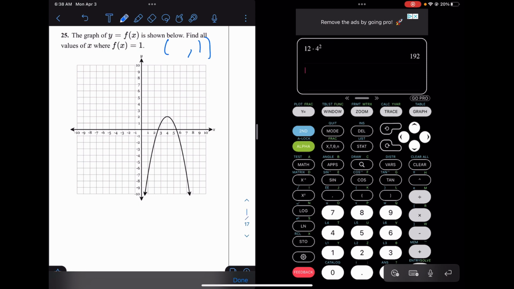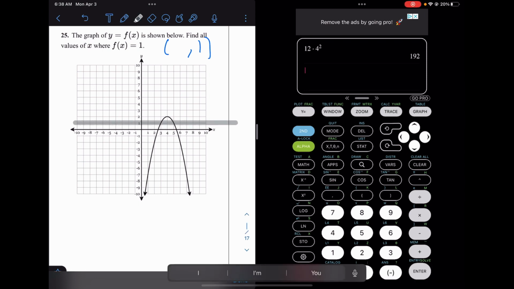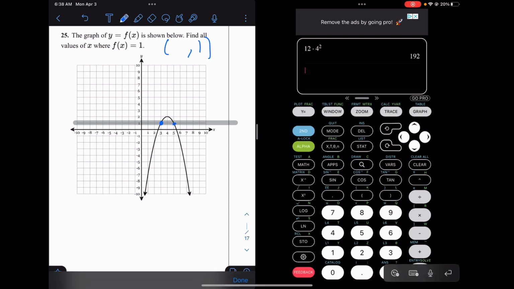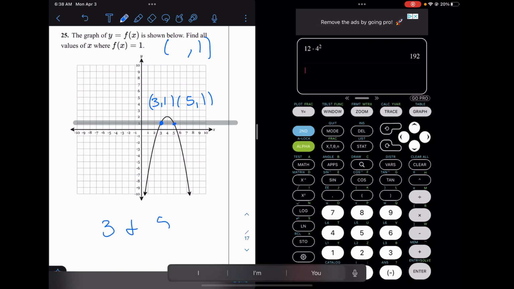When they give you the y value, what you want to do is go to your y value of 1. Sometimes there's going to be multiple answers to a question like this. That is in fact what we have here. We've got 3, 1 and 5, 1. So our x values for when y is equal to 1 are going to be 3 and 5.